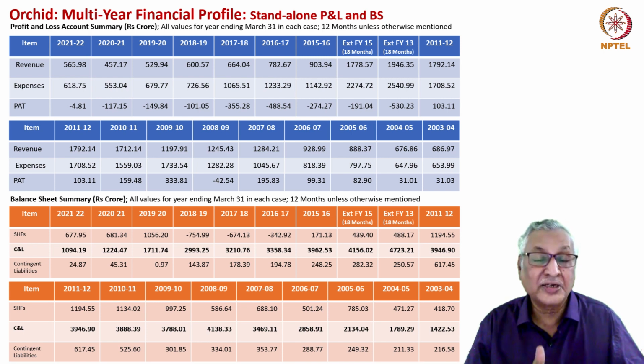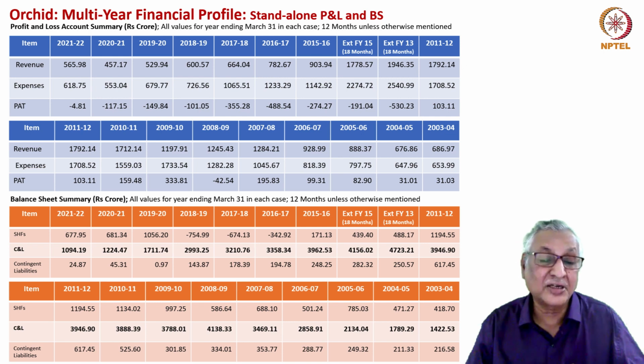And by 2018-19, 1 year before the CARP conclusion, the shareholder funds represented a negative net worth of 755 crore rupees. The total capital and liabilities, which were 1422.53 crores in 2003-04, shot up to 3,947 crores in 2011-12 and remained at such high levels until the IBC processes resolved the balance sheet issues.